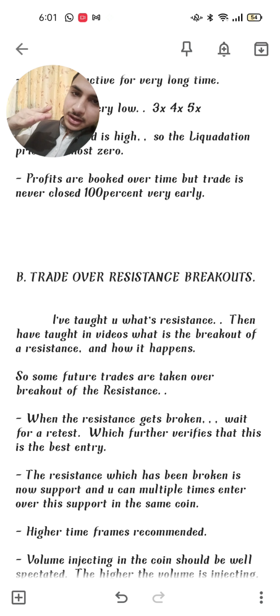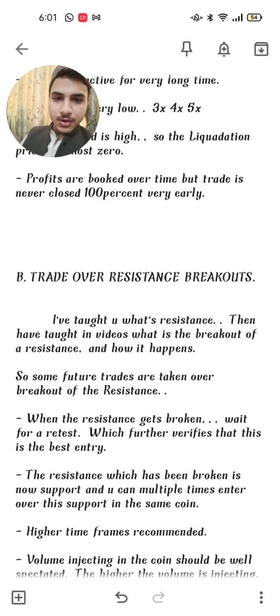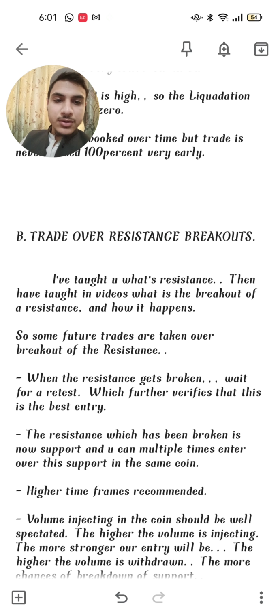So I'll take entry over here and will wait for the pump and will set my targets and will exit in profit. So this is how a resistance breakout trade works. I've taught you what's resistance, and then have taught you in a video what is breakout of resistance and how it works and happens.